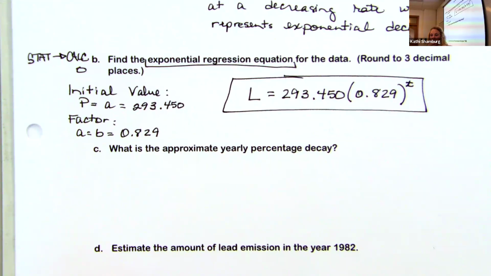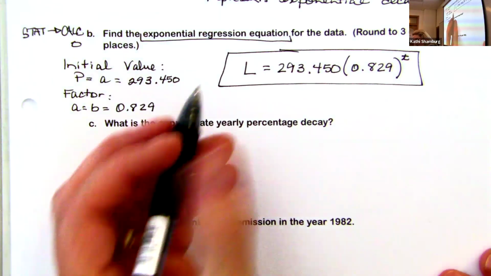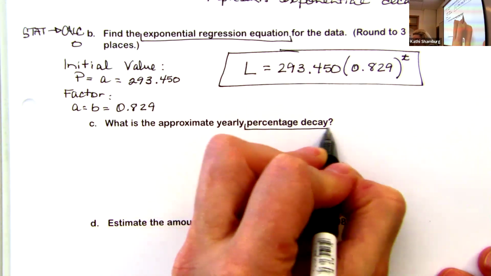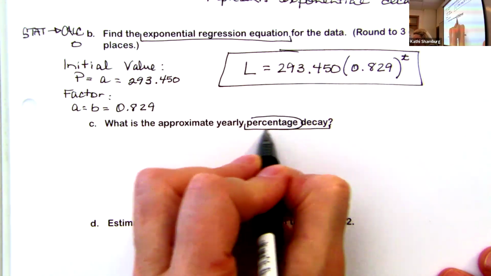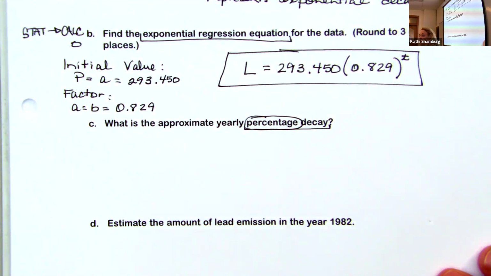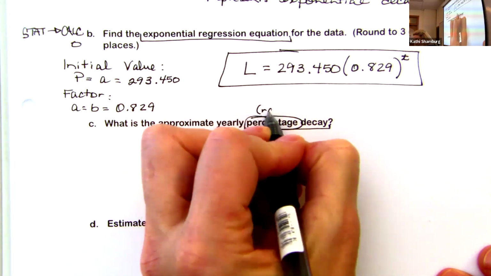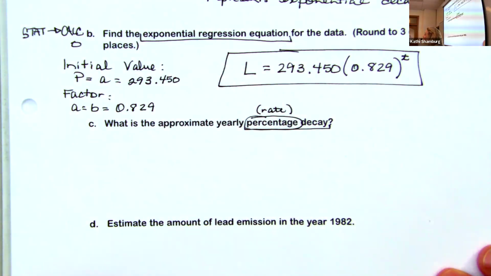All right, what is the approximate yearly percentage decay? In the last question we had, it said the word rate. This one does not say the word rate, so what you want to pay attention to is the word percentage. In essence, it's asking you for that rate.